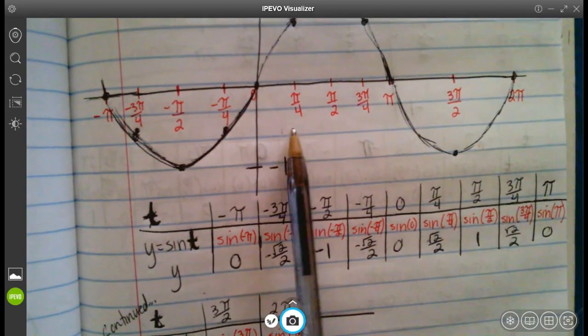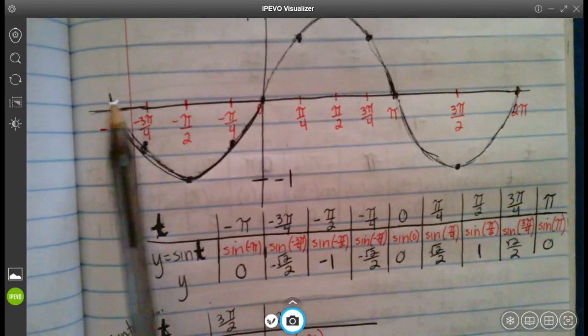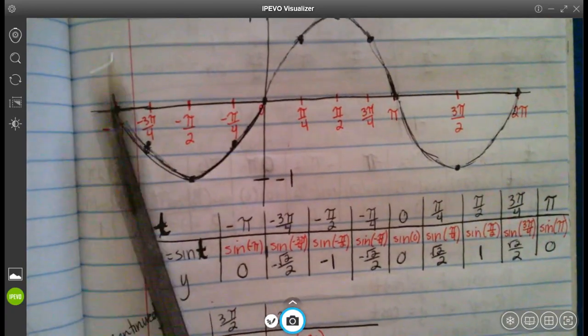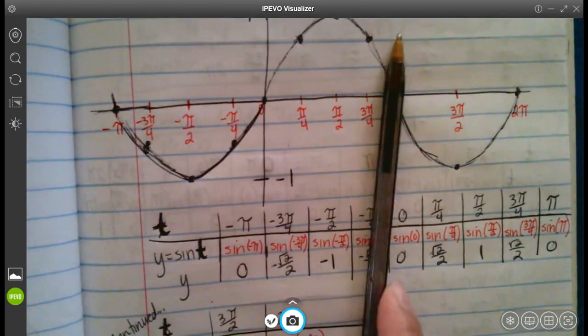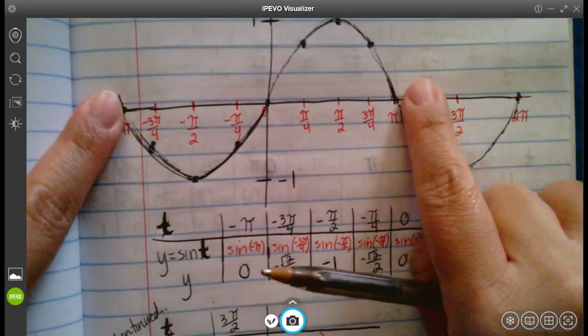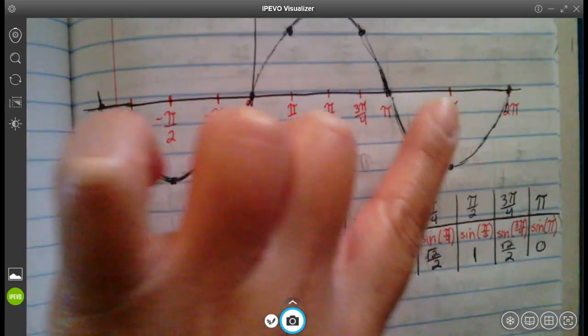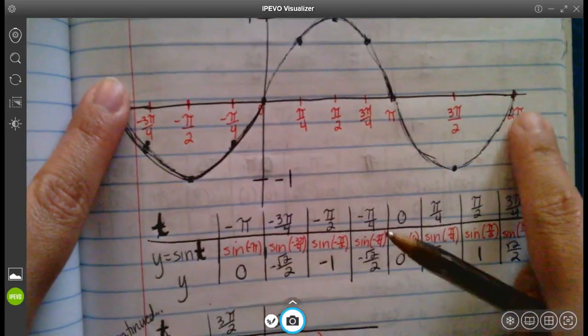The period is something we're going to be looking at a little more carefully later. In other words, it's going to repeat between two numbers, in this case, negative pi through pi. This is the pattern we're going to see. If I could pick this up and copy paste it, it would land right on top.